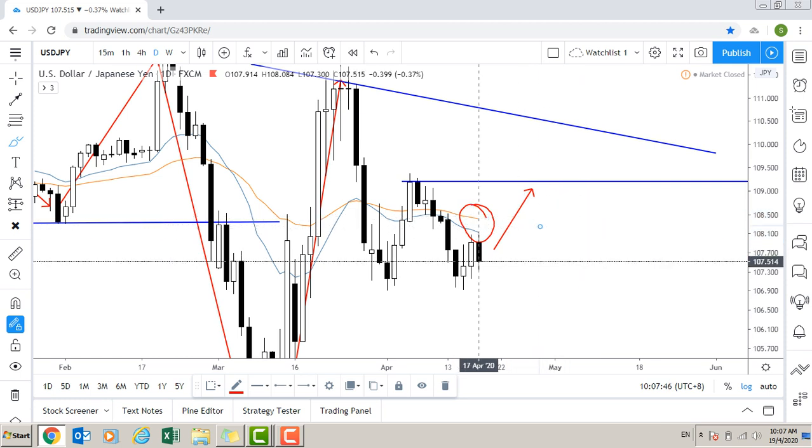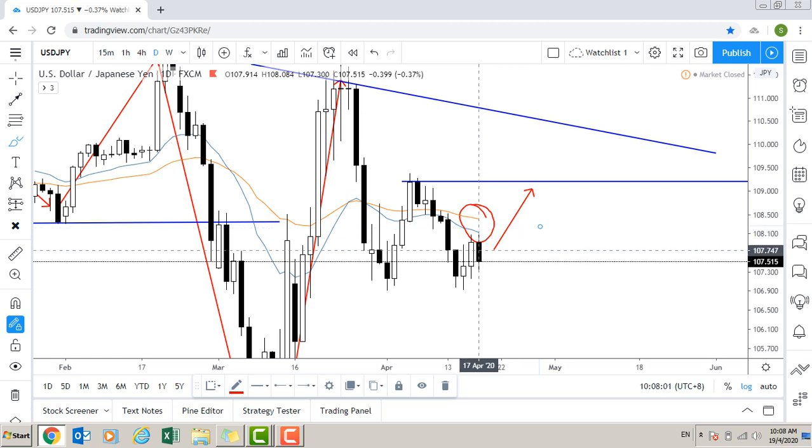If the price comes up to this area and there is a bearish setup or signal, then we might want to consider jumping into the trade.